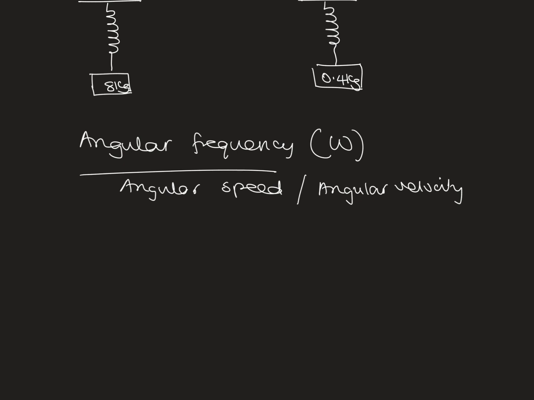In fact, they are related with the formula: the angular frequency is equal to 2 pi f. This is the angular frequency, and this is the frequency. I hope that point is clear.